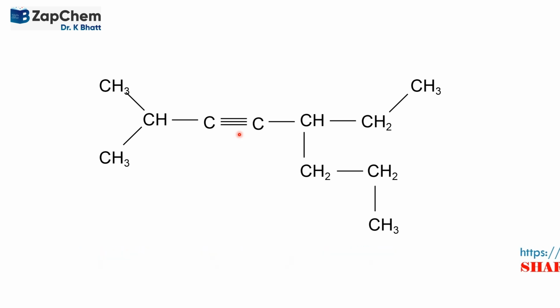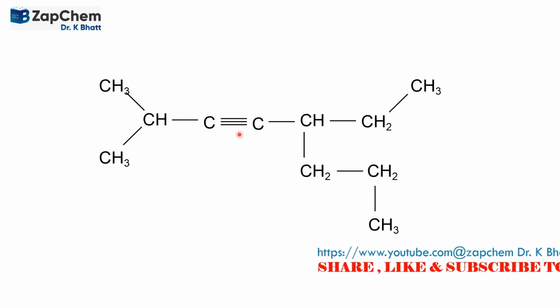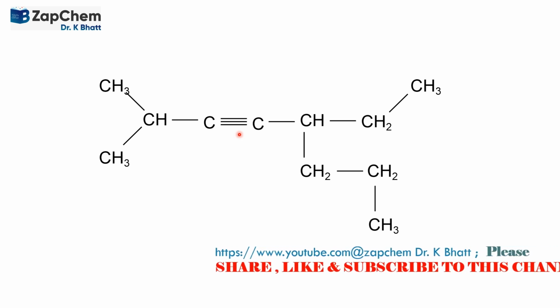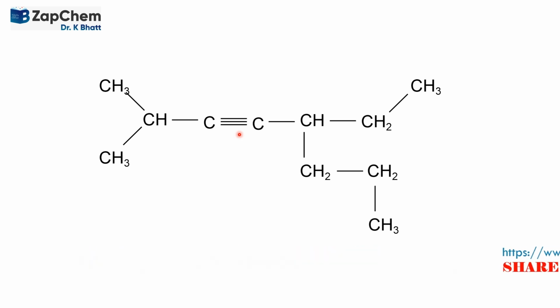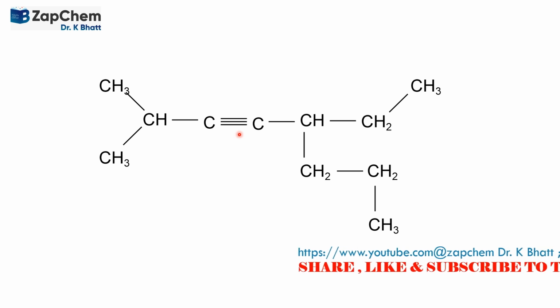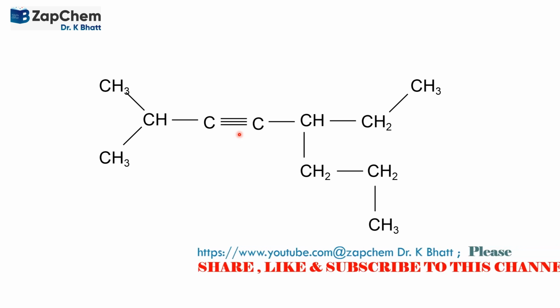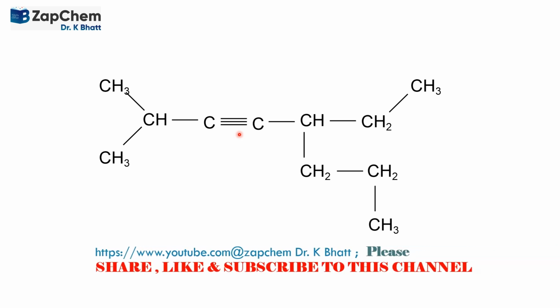The first step in any nomenclature is to look at the longest chain, the substituents, double or triple bonds, and also the functional group if present.